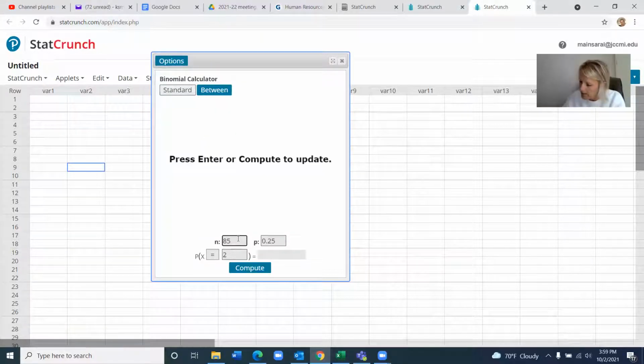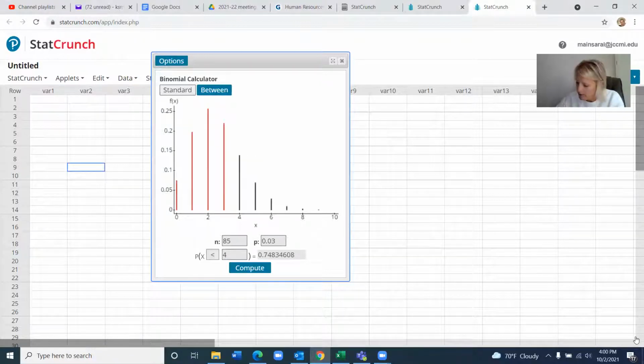I'm going to change that. P is 0.03 and X is less than, so it's a strictly less than, 4. Compute. And that is equal to 0.7483.